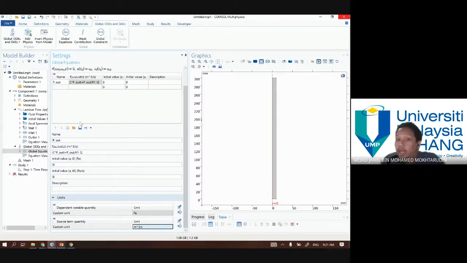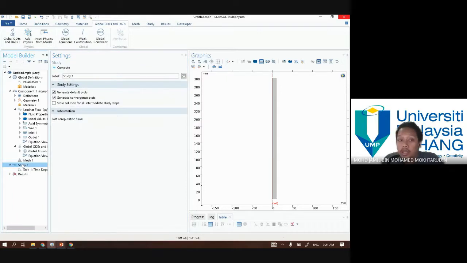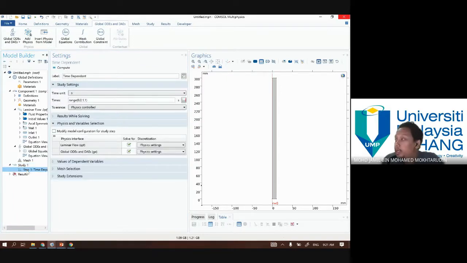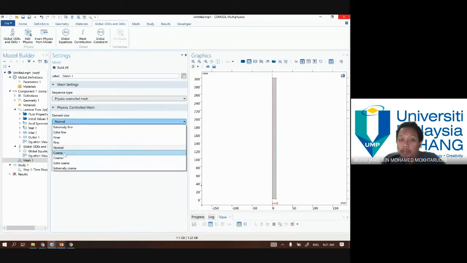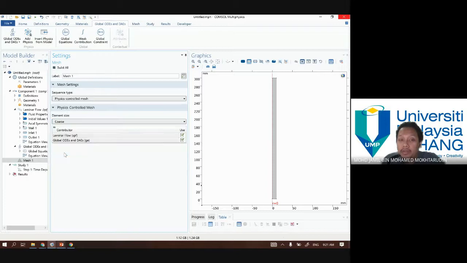After that we can go to study one, time dependent, and change the range. It might take some time. In my laptop I want to change the mesh, because I think it will take more than 5 minutes.